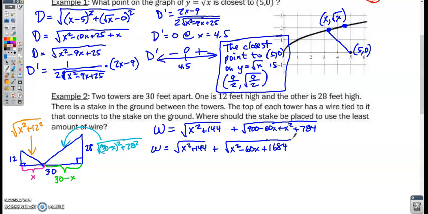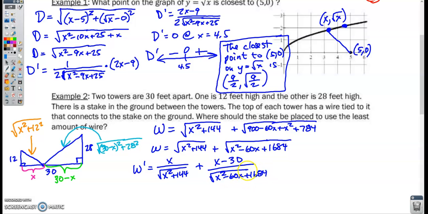We're going to go ahead and find the derivative of this. W prime is equal to x over the square root of x squared plus 144 plus x minus 30 over the square root of x squared minus 60x plus 1684.